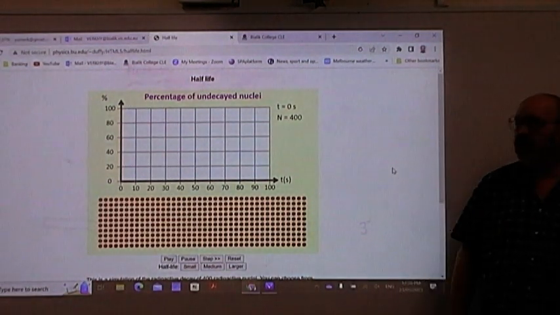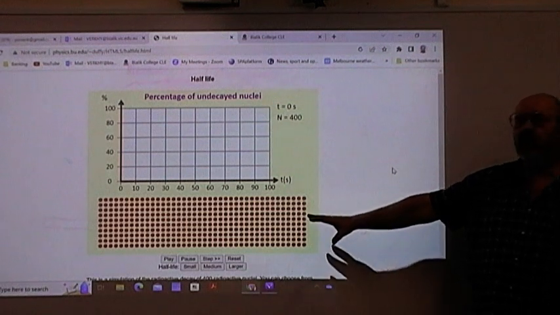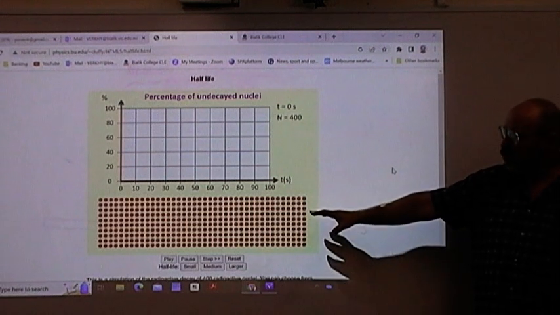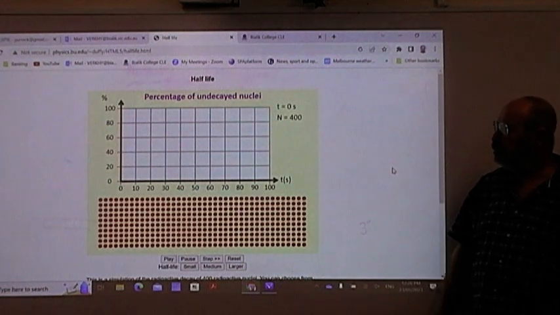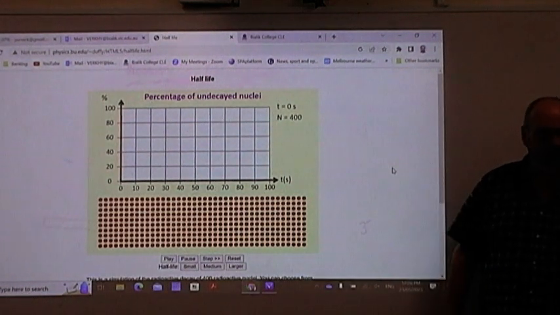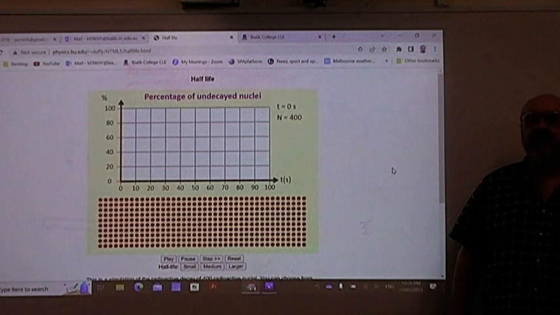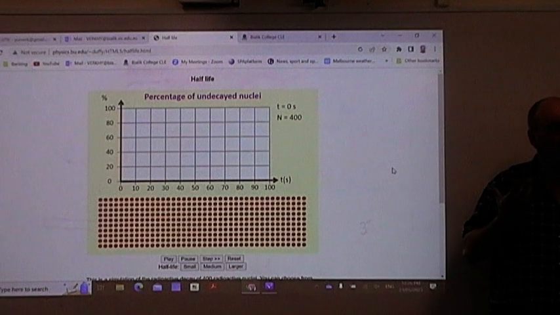So we'll measure, we have a certain number of atoms of iodine, in this case 400, and we will measure how many, because that is what we can measure.